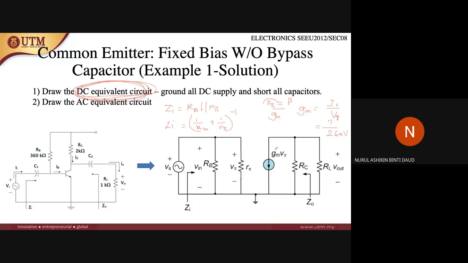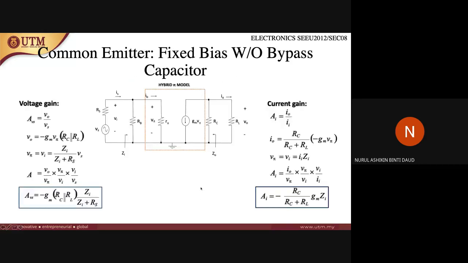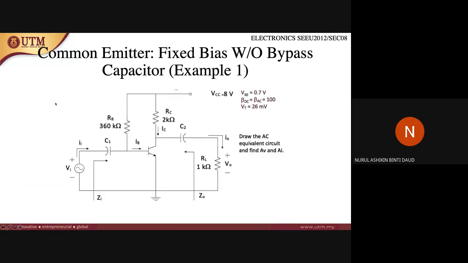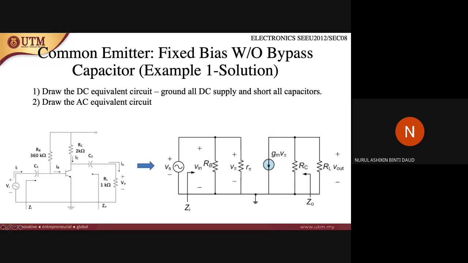After you find the input impedance, next you can find the voltage gain. The voltage gain is the output voltage divided by the input voltage. How to find the input voltage?